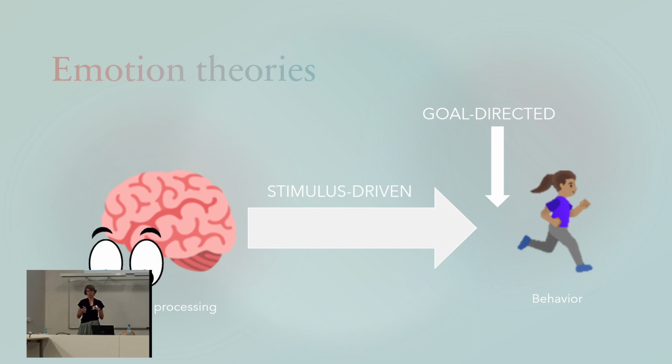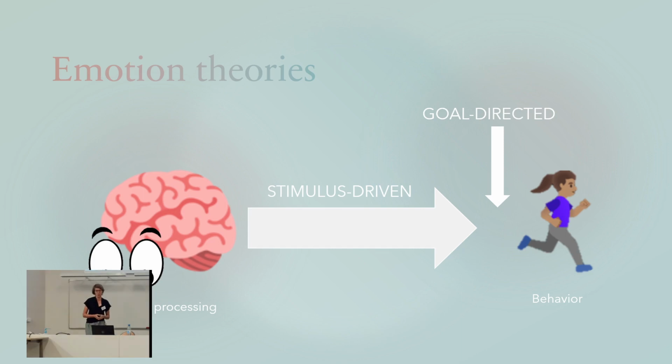But they also talk about emotion regulation, which is a goal-directed process. The idea is that first a stimulus-driven process elicits an initial action tendency, and then, if you have enough resources, a goal-directed process can interfere and later regulate it. So two processes interact, but it's first stimulus-driven, and only if you're lucky, also goal-directed.